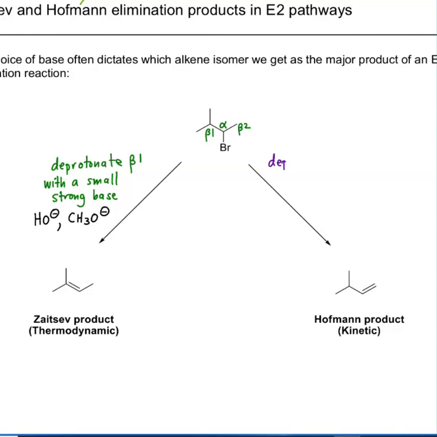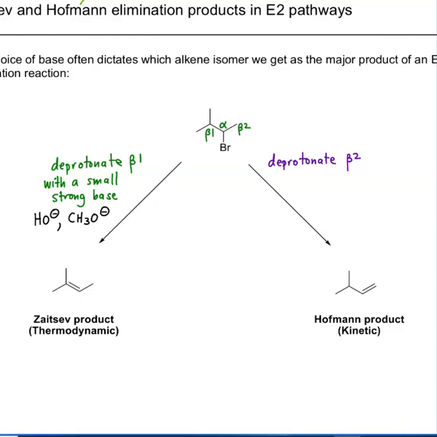But to get to that, you would need to deprotonate beta 2. And to preferentially deprotonate beta 2, you need to use a large, sterically hindered base, a base that's not going to be able to get past the methyl groups that are attached to beta 1 to get to the proton at beta 1.